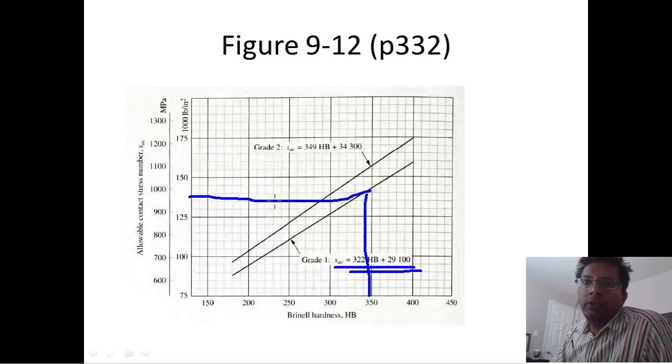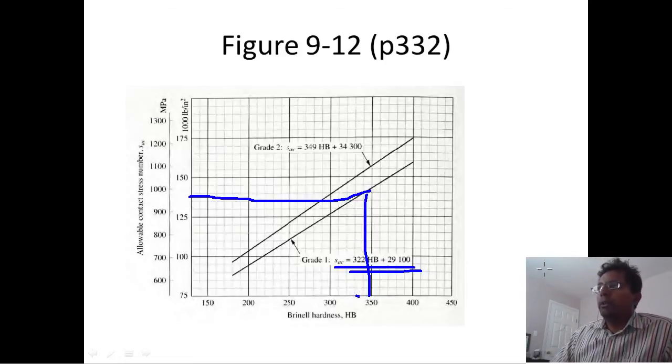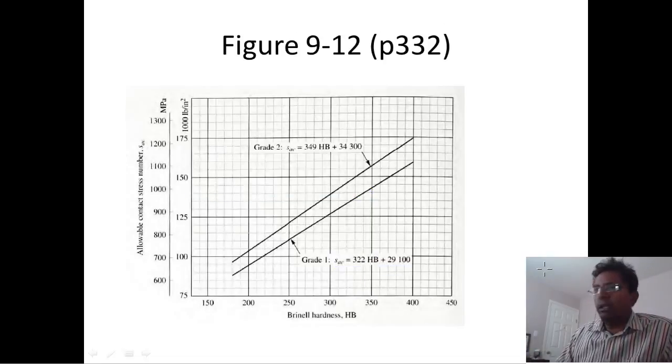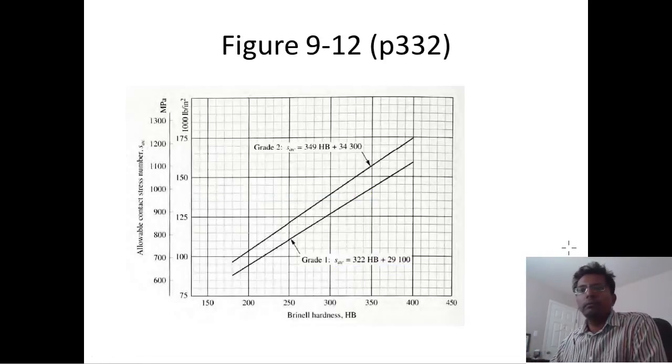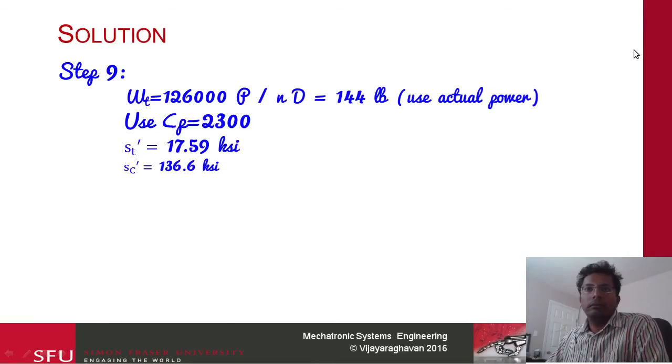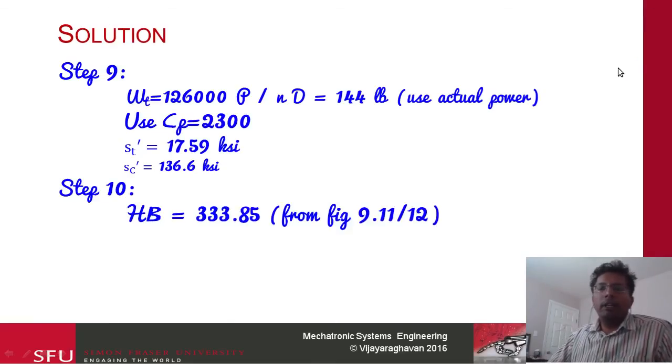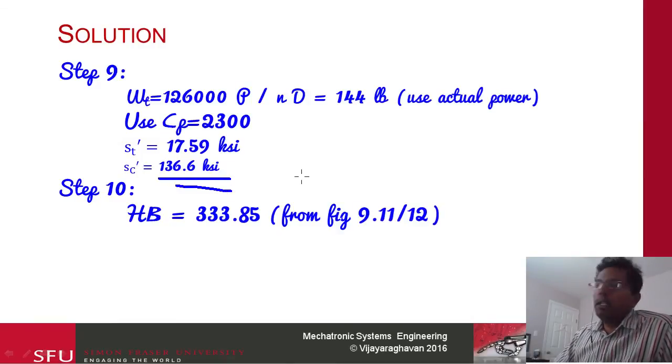Again, the lines aren't very straight, but if you do the calculation, you'll find it somewhere over here, and then you can use that to calculate the HB that you need. So the HB comes to 333.85 either using the figure or the formula. This is based on the contact hardness because that is the limiting case.